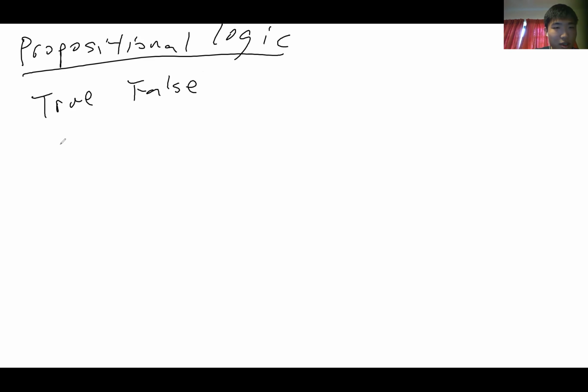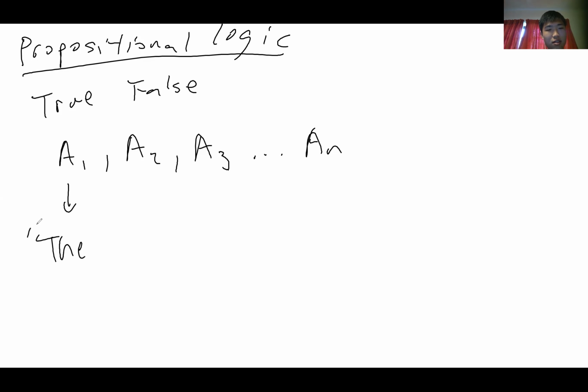So let's say we can have A1, A2, A3, dot dot dot, AN. These can be our sentence symbols, and each individual sentence symbol can represent any sort of sentence. So maybe I can say A1 means the dog is red.